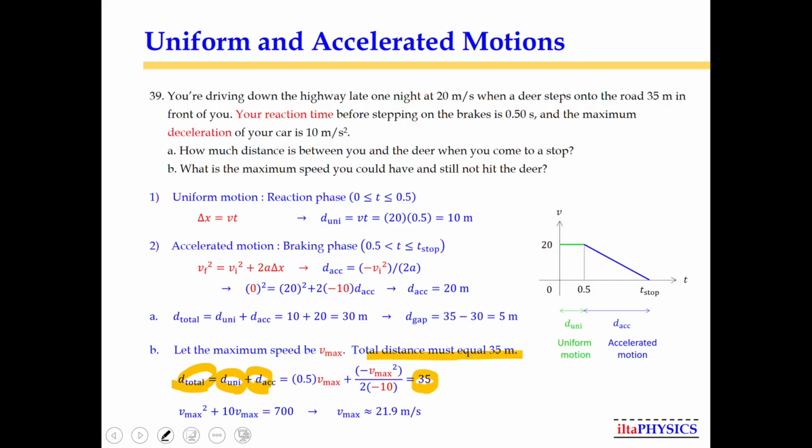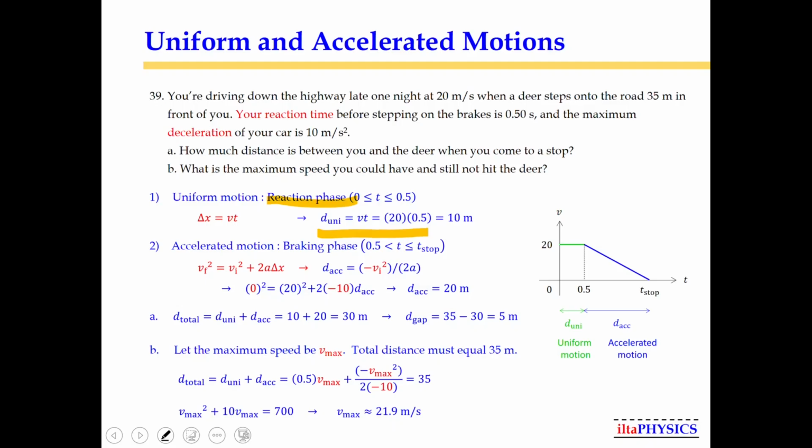Let's call the maximum speed Vmax. The total distance will be the sum of the uniform displacement for 0.5 seconds and the braking displacement, which must equal 35 meters. Let's express these distances using Vmax. In the reaction phase, the displacement is 0.5 times Vmax.